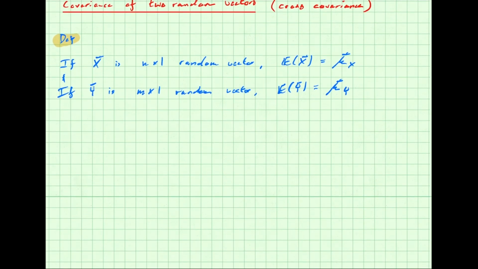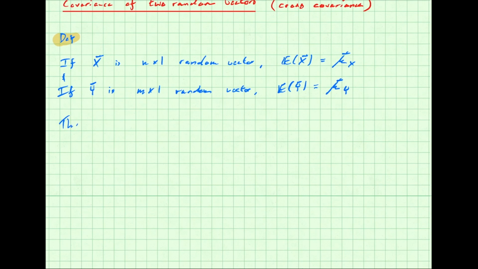Then their cross-covariance, which is some measure of how dependent or independent the random vectors X and Y are, is the following.